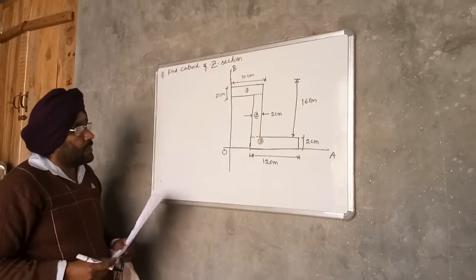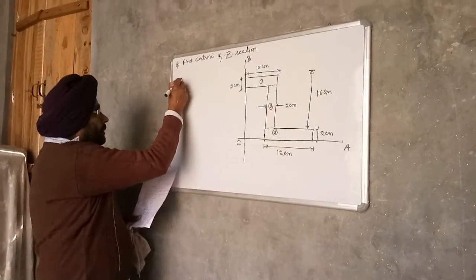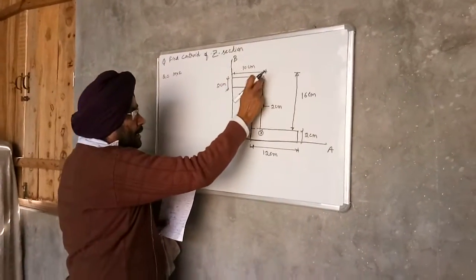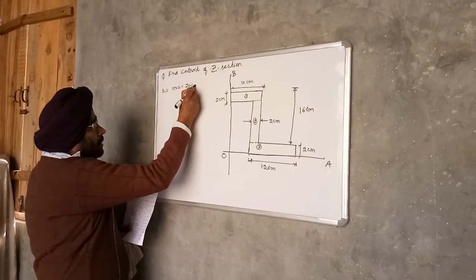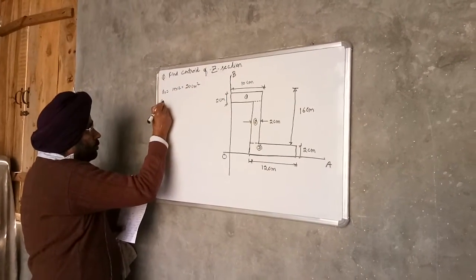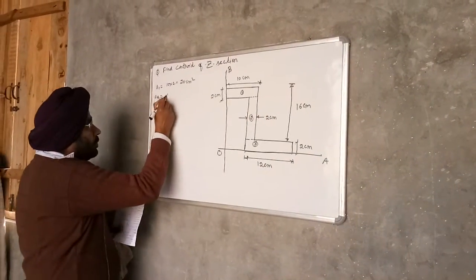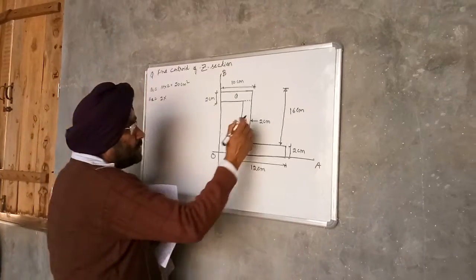Then the area of the various parts. Area of the first part A1 is 10 into 2, so 20 square centimeter. Then A2, area of the second part, is 2 into, this dimension is 14.